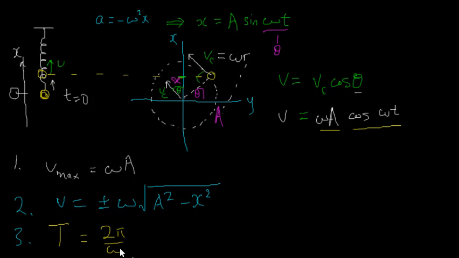And finally, if we want to find the period of the motion, we would take 2 pi over omega. Now if you look at this equation for the simple harmonic motion, it's not obvious why I should take 2 pi over omega. It's just an abstract equation.